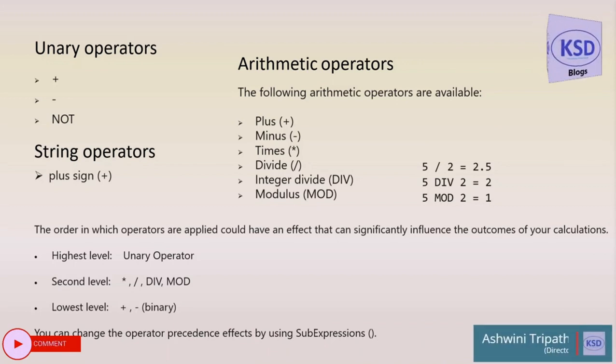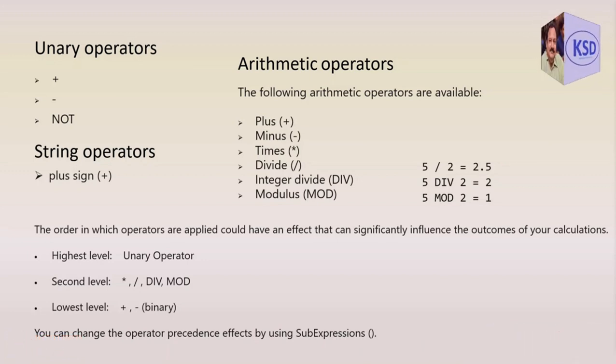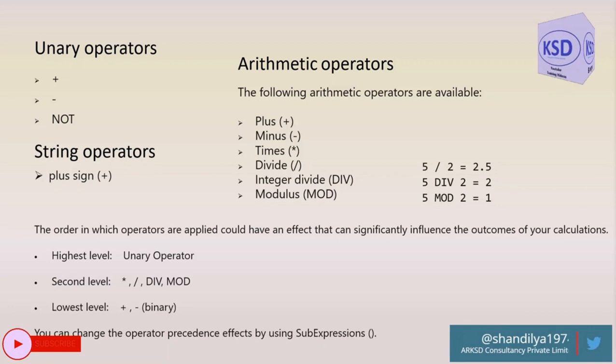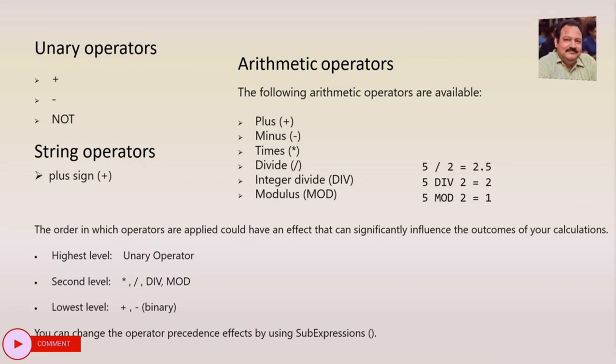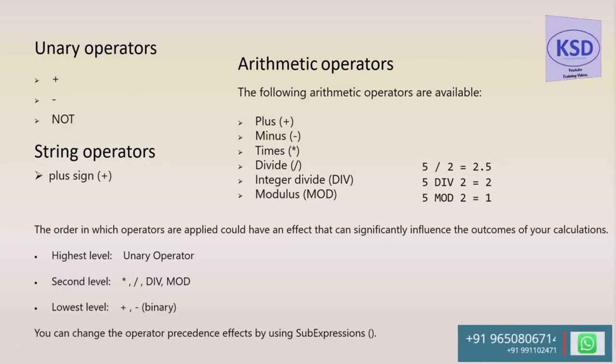If there is an integer and you put a minus, it will become a negative value. Similarly, if you put a plus, it will become a positive value. And if you have a Boolean value, you can say not. If the value is true, it will become false. It just reverses it.